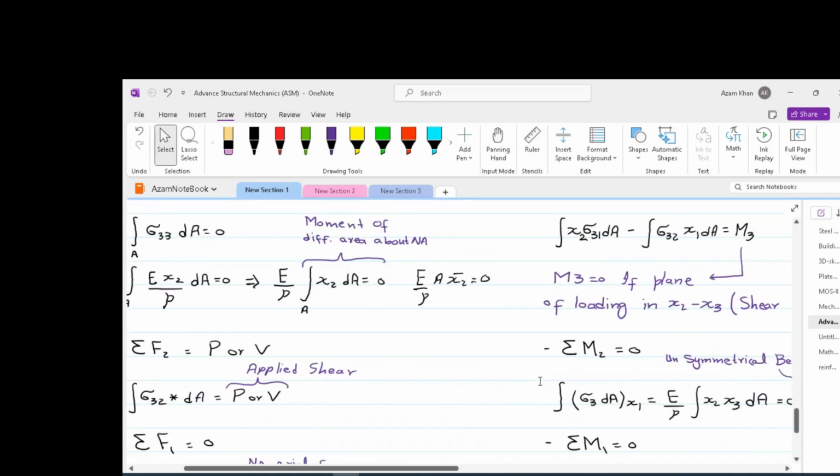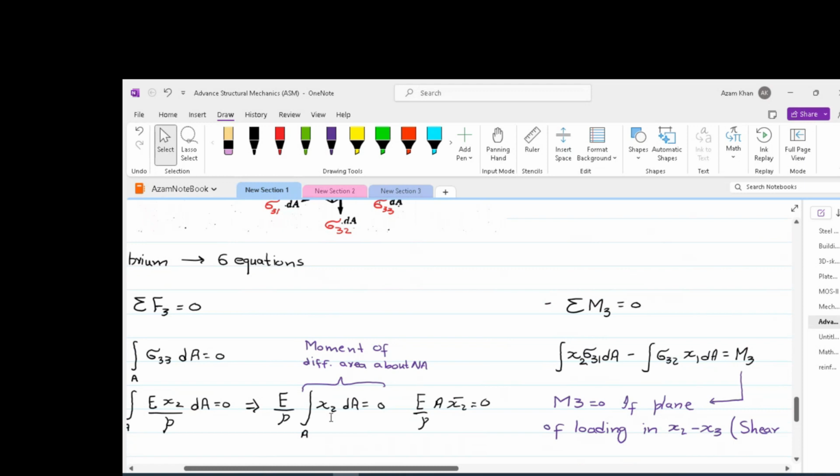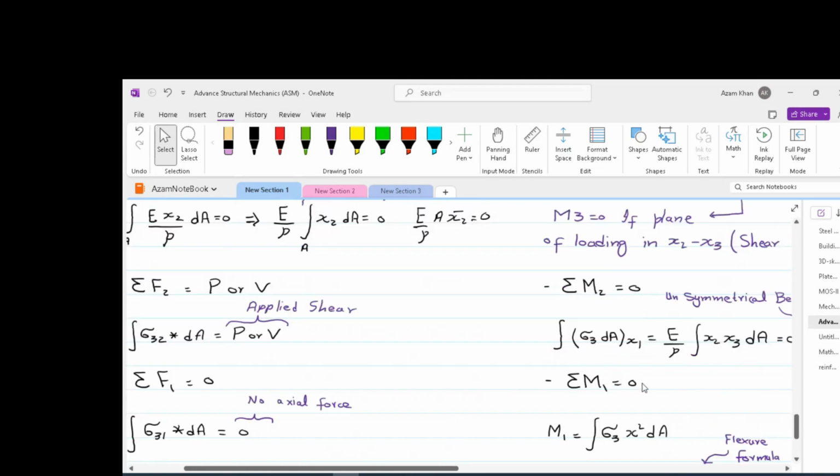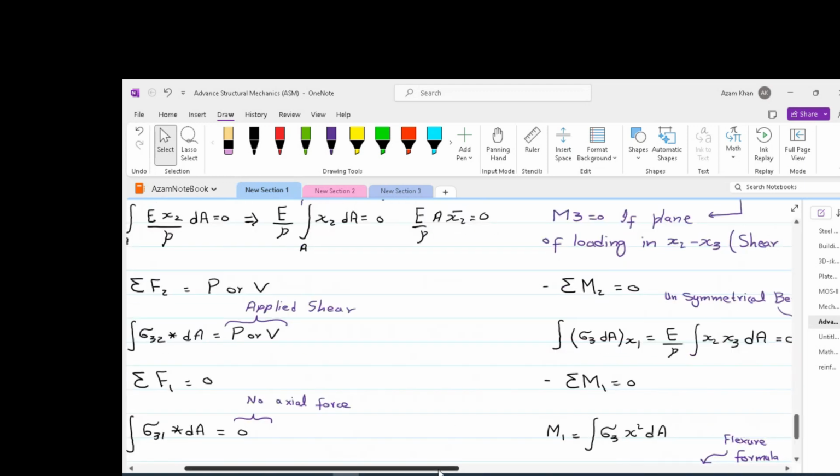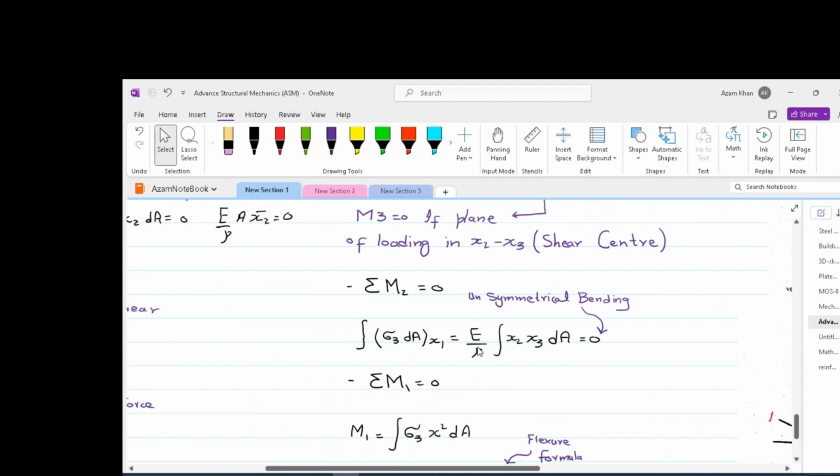So we write sigma 3 dA times x1. Again, sigma 3 is E x2 by rho. So plugging the values, we get E by rho again out, and this time inside the integral we have x2 times x3 into dA equal to 0.